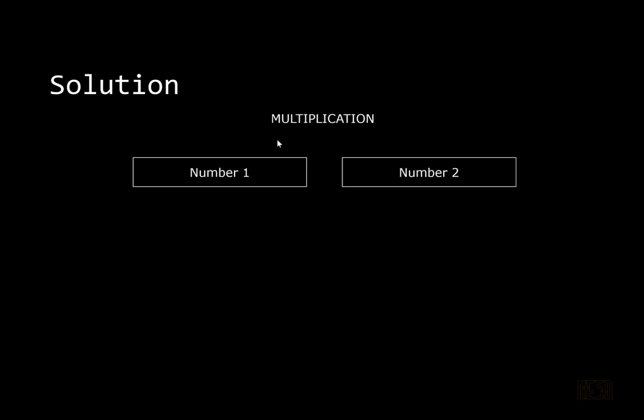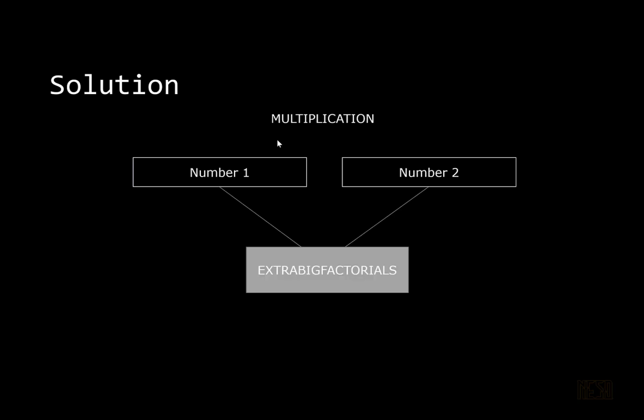We need to implement that algorithm, and that is really what the Hackerrank problem statement is asking us to do. Of course, our numbers would be stored in strings. We need to implement our big factorials algorithm, and we carry the result, of course, in a string.